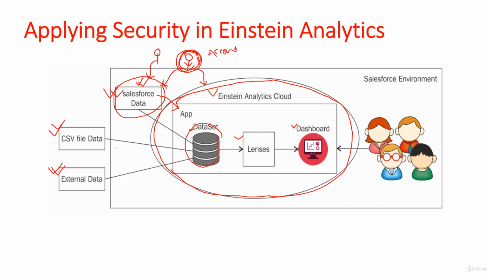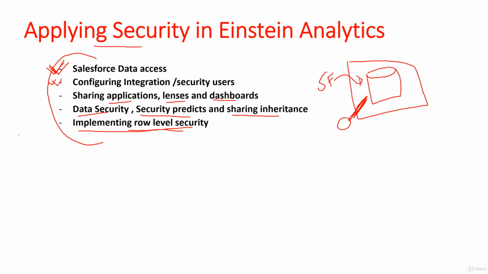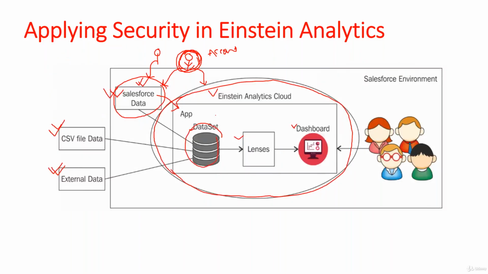In the same way, Einstein Analytics supports security predicates. If you see, I have mentioned one point here, security predicates, which is a row level security feature that enables us to filter out what kind of data we want to expose to the user.